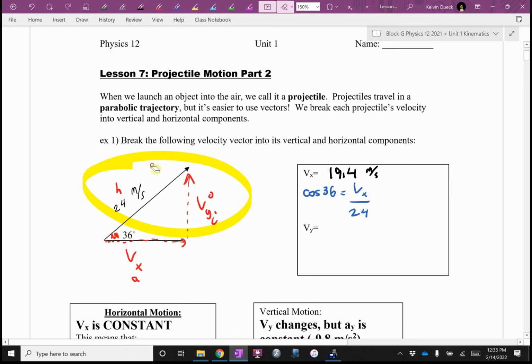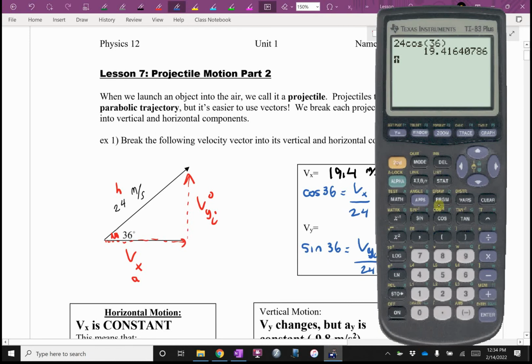Sine. Good. It's going to be sine of 36 equals Vy initial over 24. I'm lazy, Braden. I usually just backspace and edit and change the cos to a sine because I would times the 24 over. And I get 14.1.